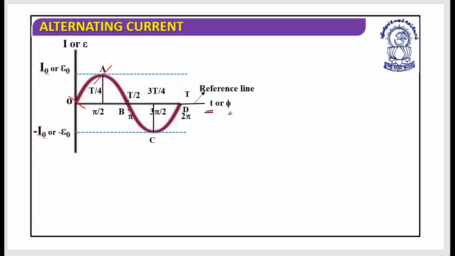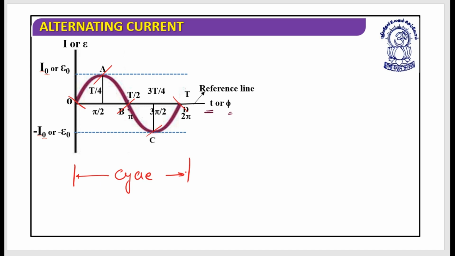It reaches the maximum at A, the minimum at B, the maximum in the opposite direction at C, and the minimum at point D. I hope this is clear. Now this makes one complete cycle, started from zero and ending on zero, after achieving two maximums, one positive and another negative. I hope this is clear.